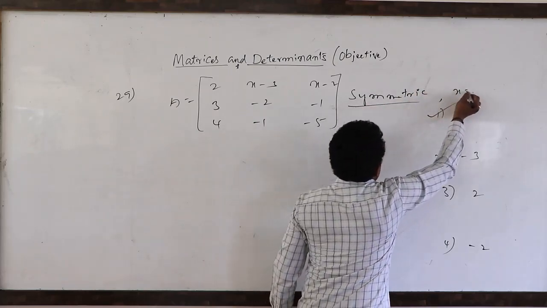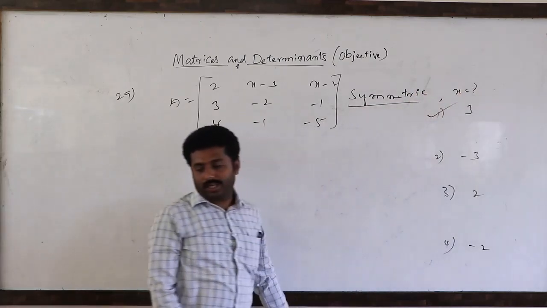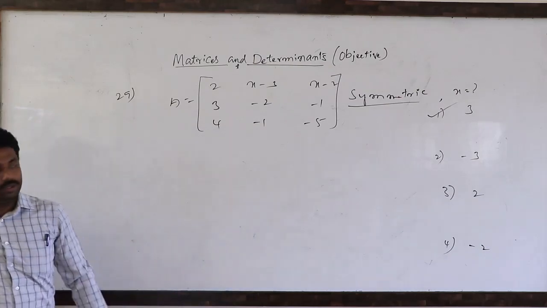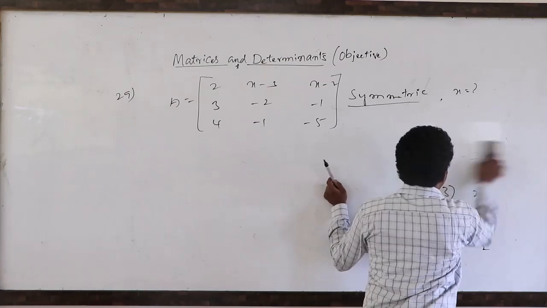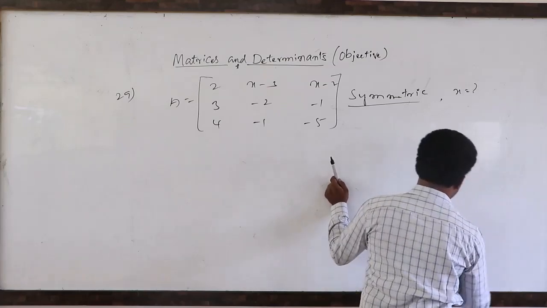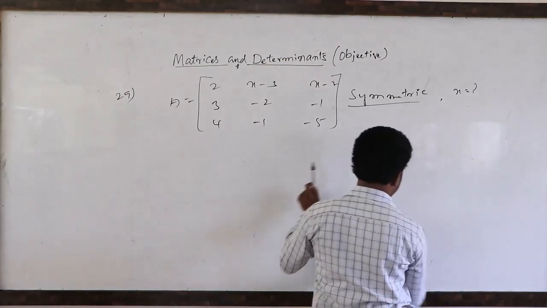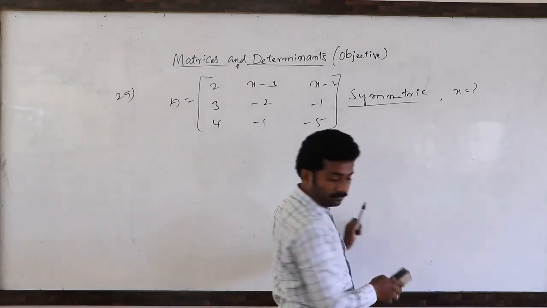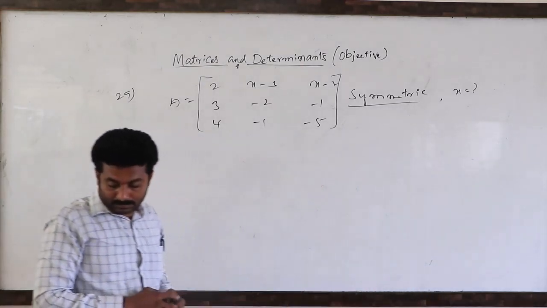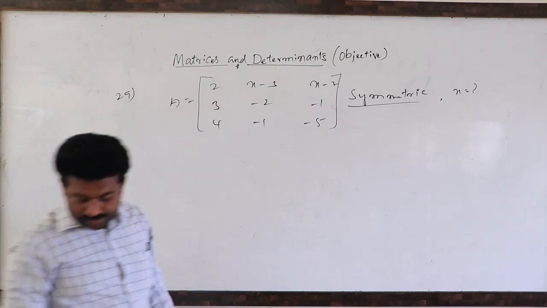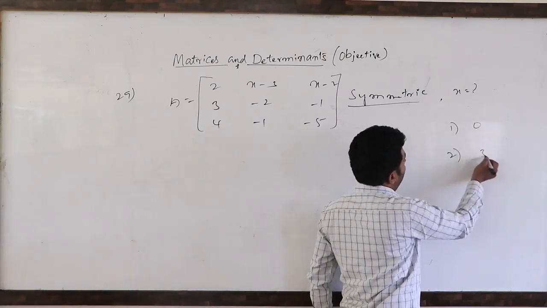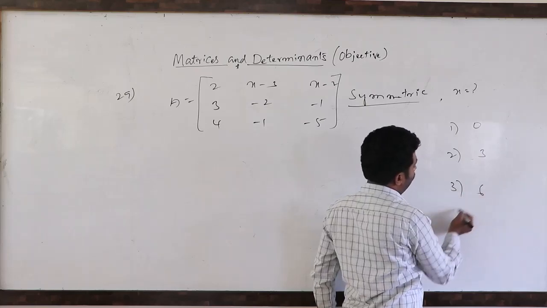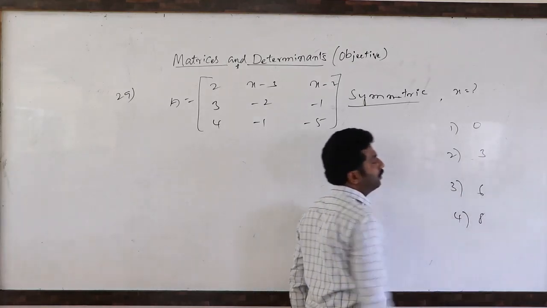They are asking the question. So the options we observe: first option 0, second option 3, third option 6, fourth option 8.